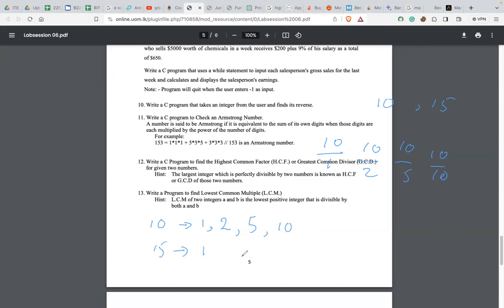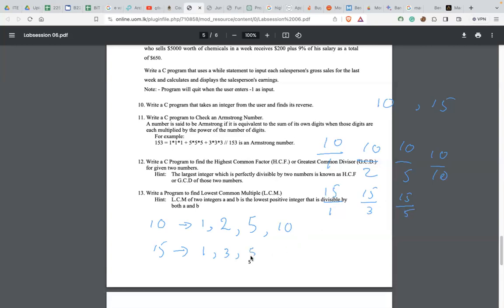But the 15 can be divided by 3. Okay. And 15 cannot be divided by 4, but 15 can be divided by 5.